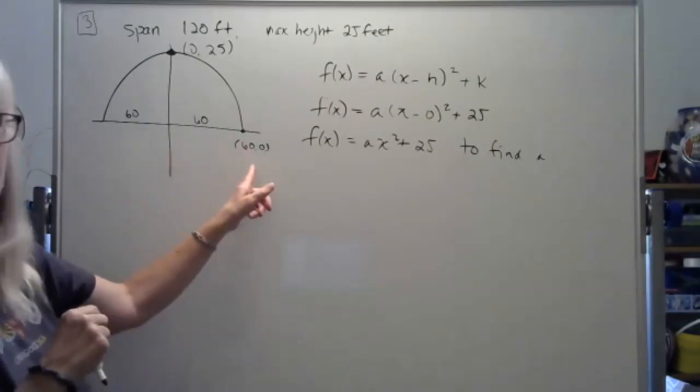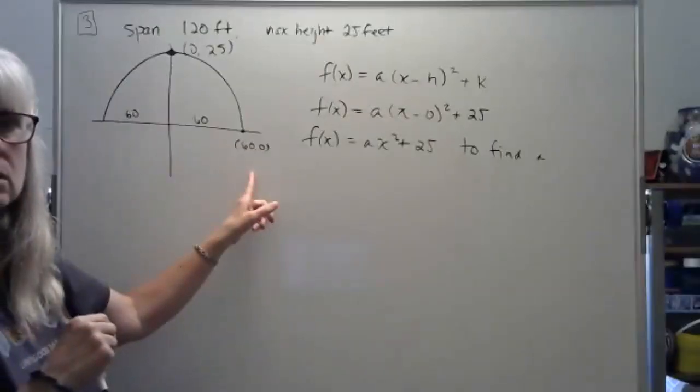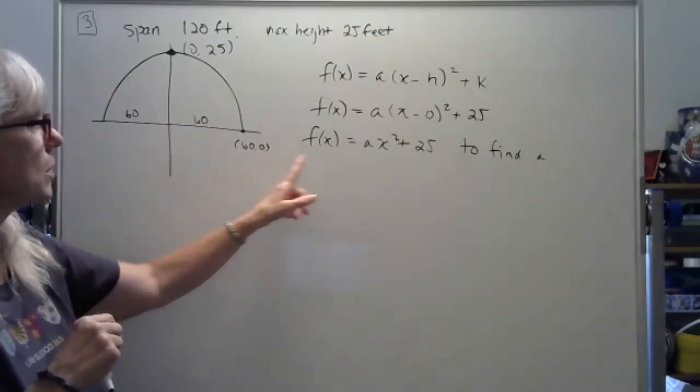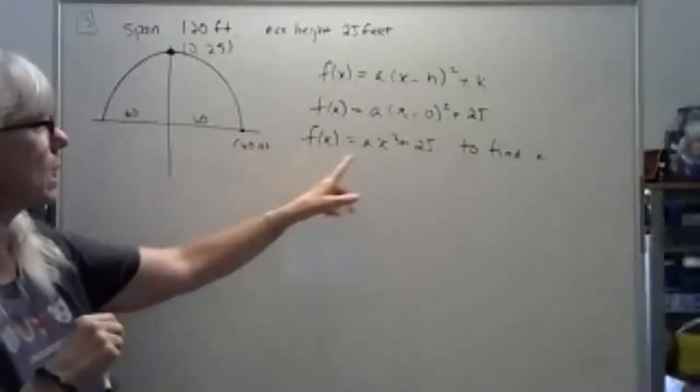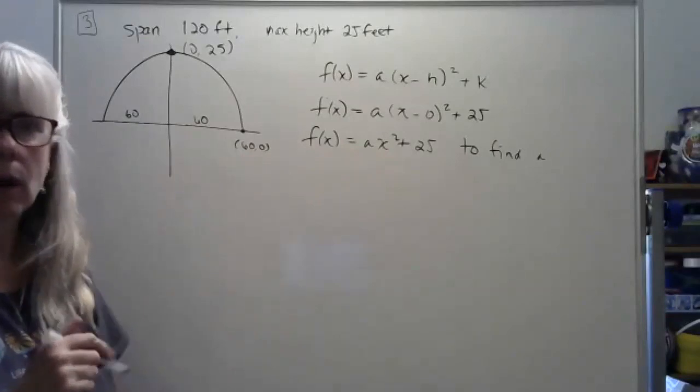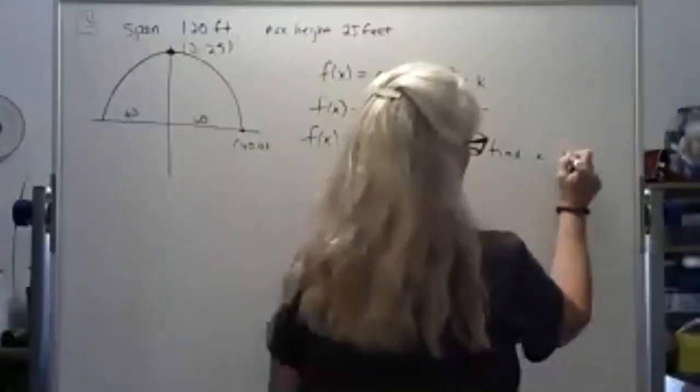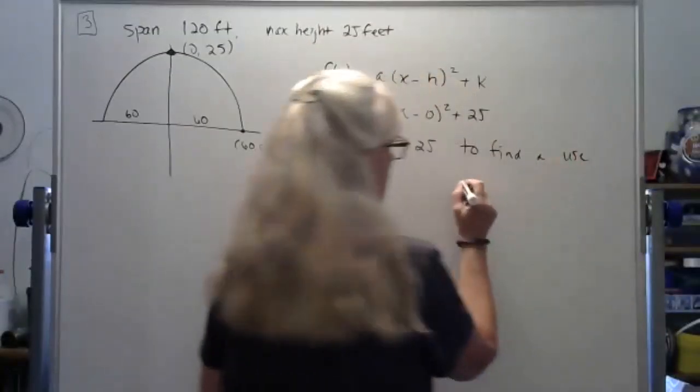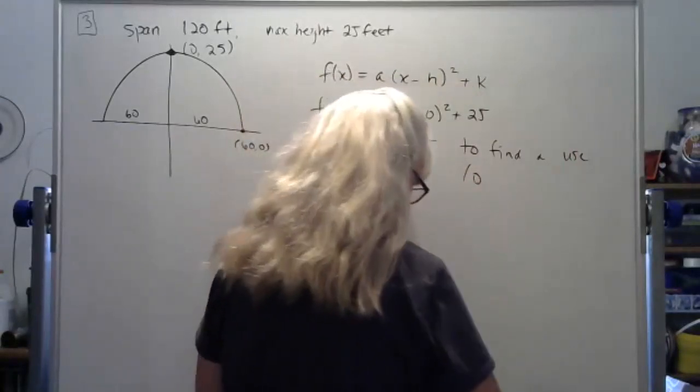So don't I have a second point that I could use? So if I plug in 0 for my y and 60 for my x, I should be able to figure out what a is. So to find a, we're going to use the second point, which is 60, 0.